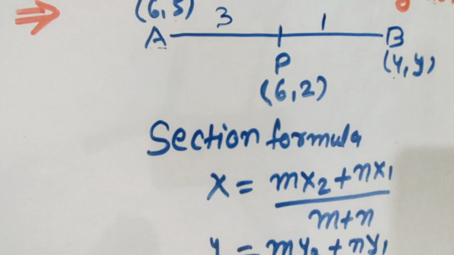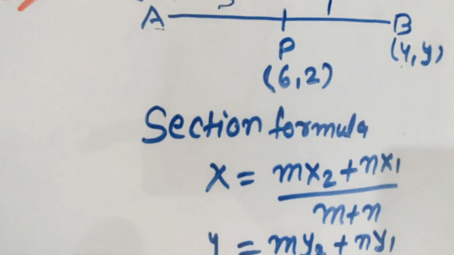This is the x coordinate and this is the y coordinate. Okay, then let us solve this question. I need only the y coordinate, so I solve only for the y coordinate.